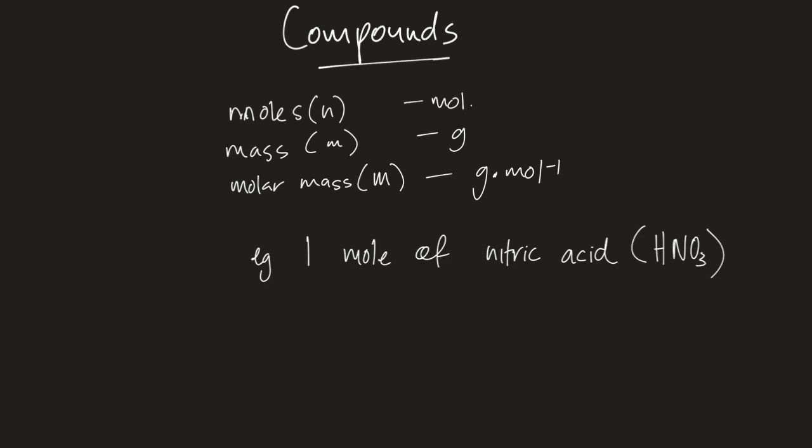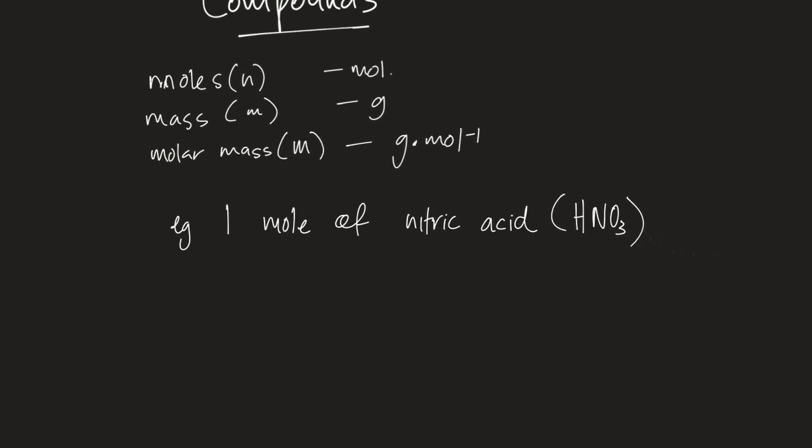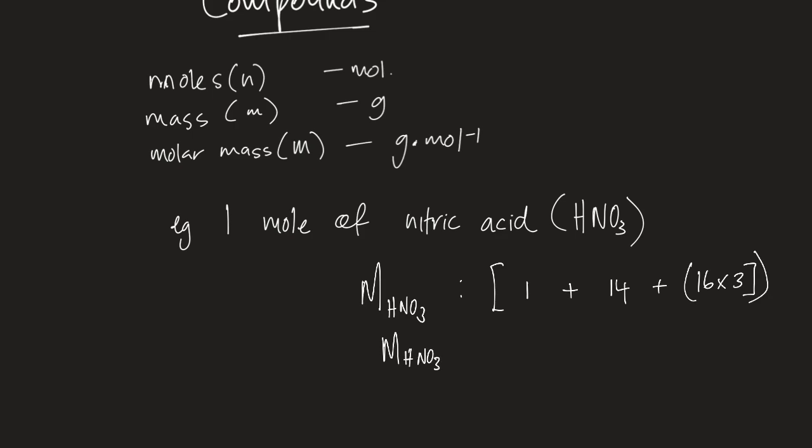If I wanted the molar mass of nitric acid, HNO3, I can calculate that because I know it's going to be 1 plus 14 plus 16 times 3, and my molar mass of HNO3 is going to be 63 grams per mole. If it's a whole number, you can leave it as a whole number.